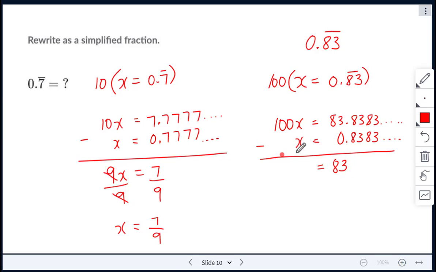On this side of the equation, we have 100x minus 1x, which gives me 99x. To isolate x, since it's 99 times x, we divide by 99 on both sides, which leaves me with x equal to 83 over 99. We can't reduce this fraction, so the answer is 83 over 99.